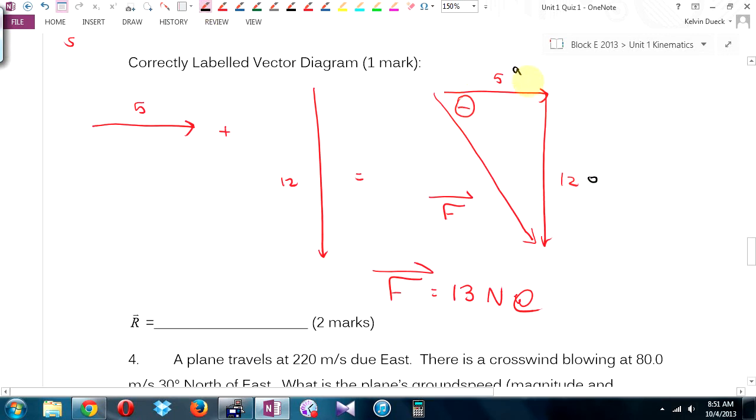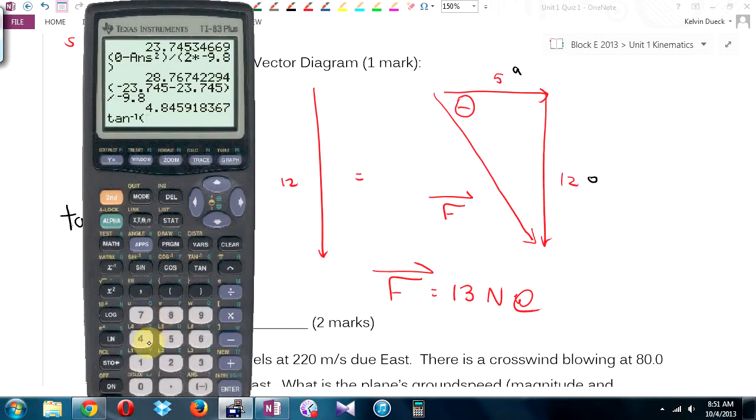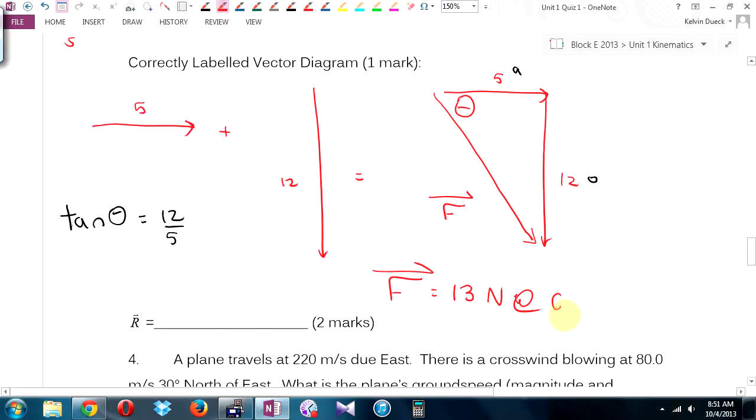Opposite, adjacent. Tan theta equals opposite over adjacent. Inverse tan of 12 divided by 5. Is the angle 63.4? 67.4, it's what I said. 67.4 degrees.